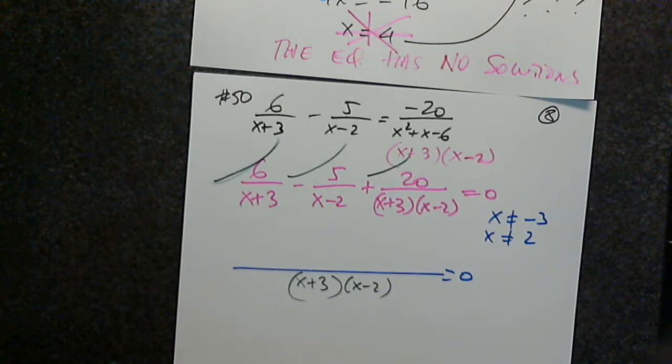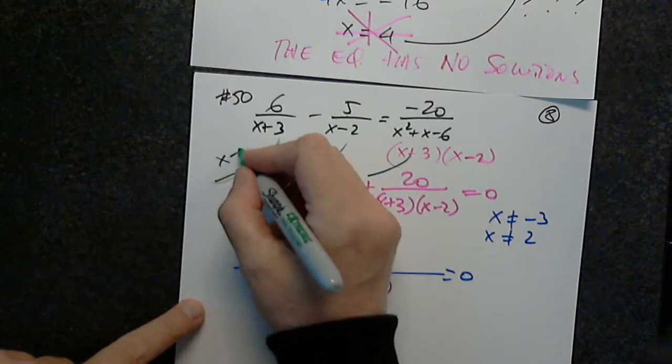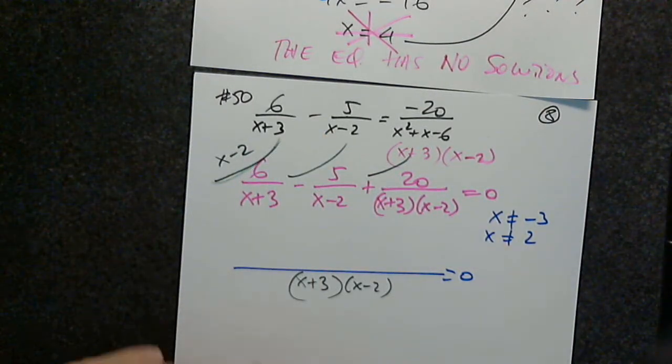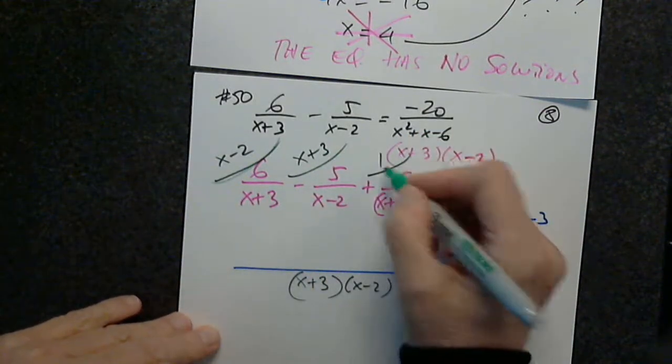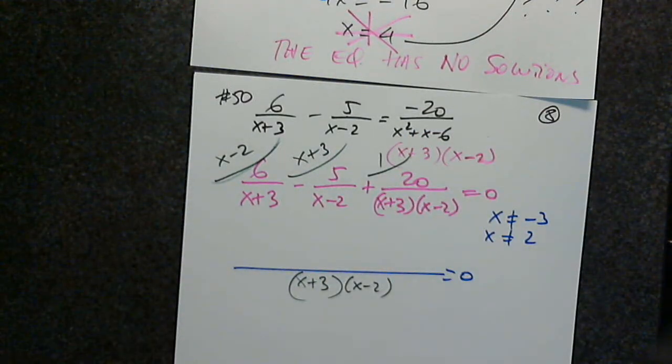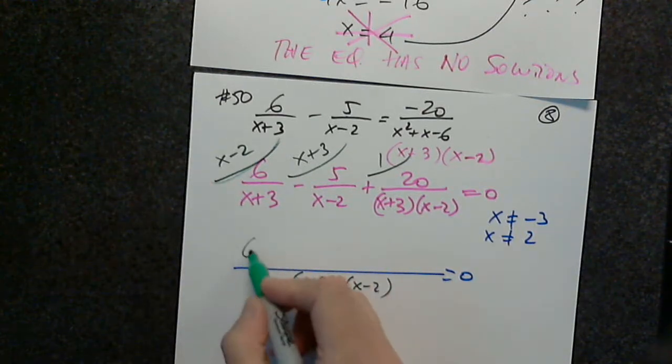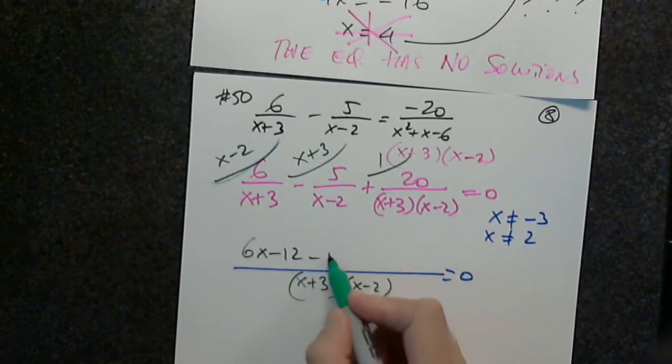For the first one, x minus 2. Good. For the second one, x plus 3. And for the last one, in this case, you don't have to write anything if you don't want to. And when you're ready, please tell me what to distribute. 6x minus 12.